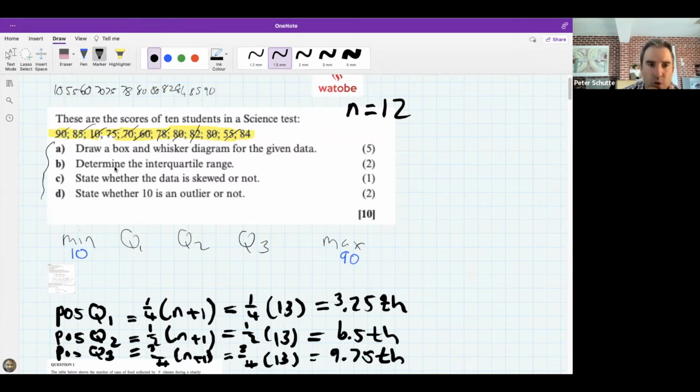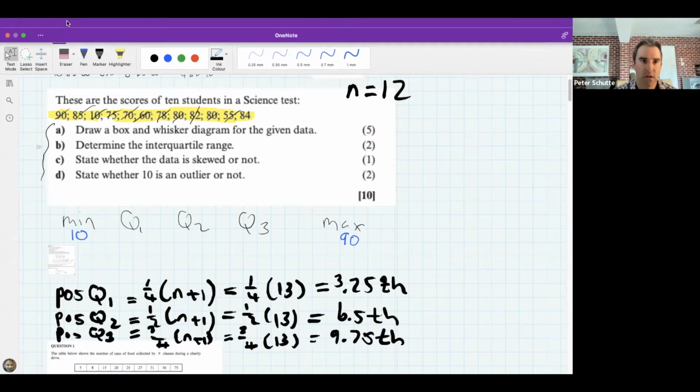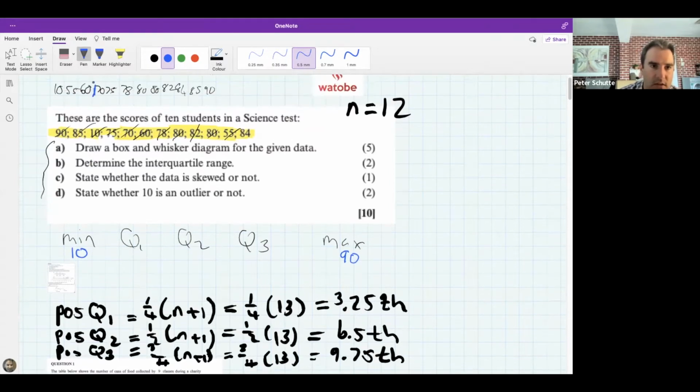So for Q1, I know it's position 3, or it's between 3 and 4. So it's going to be over here. So we know it's going to be between 60 and 70, because that's for position 3.25, which means Q1 should be 65.